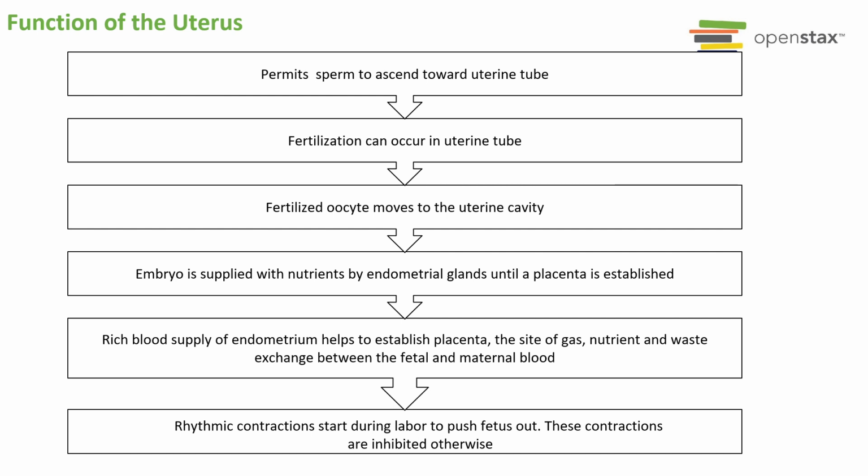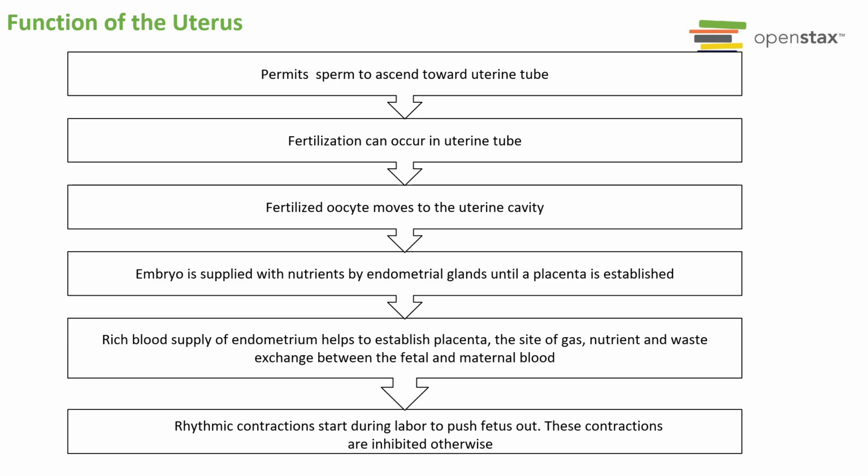There is a rich blood supply within the endometrium, so it is highly vascularized. And this helps with the establishment of the placenta, which, as we've mentioned, is the site for all nutrients, but also gas and waste exchange between a fetus and the mother.